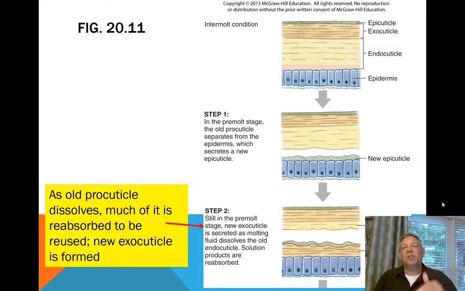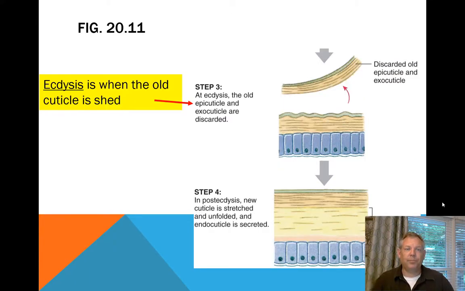The difference between the exocuticle and the endocuticle is just the relative composition of chitin and protein and calcium and other things. They're made of similar materials, just different ratios of those. And one's going to be a little tougher than the other. That's really the only difference. So now we're forming that new exocuticle in the space that's being vacated as we dissolve the old procuticle.